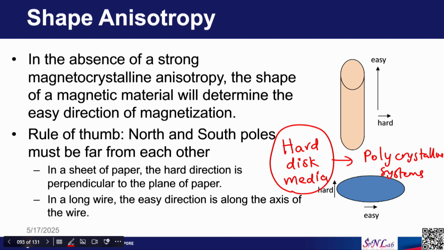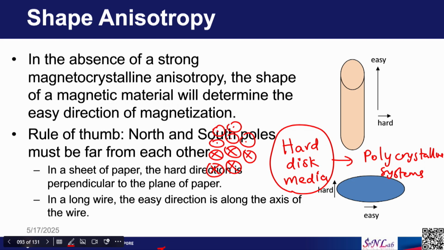In this system, we have tiny crystals separated from each other, and in recent hard disk drives, these grains have magnetic anisotropy in the perpendicular direction. So, their magnetization may either point into the board or point away from the board.